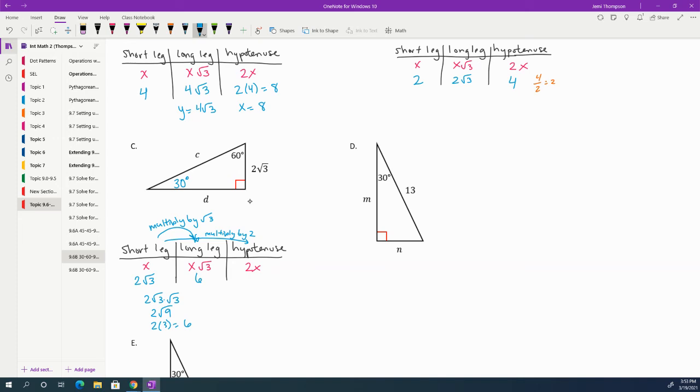So when I double 2 square root of 3 times 2, when I multiply these, if you remember, the whole numbers multiply with the whole number, so I get 4 square root of 3. The radical stays the same. Boom, done.